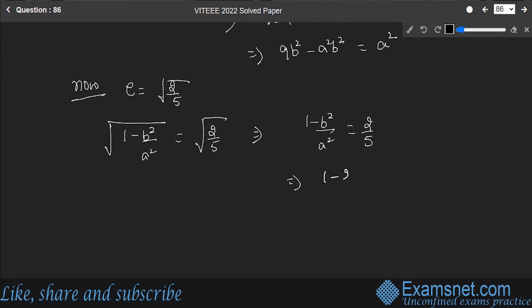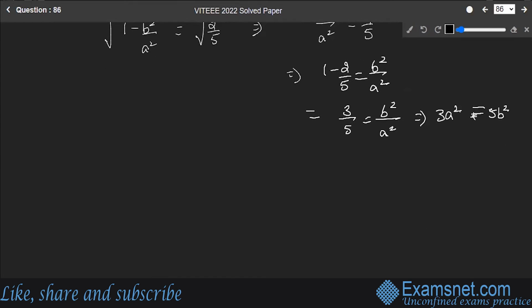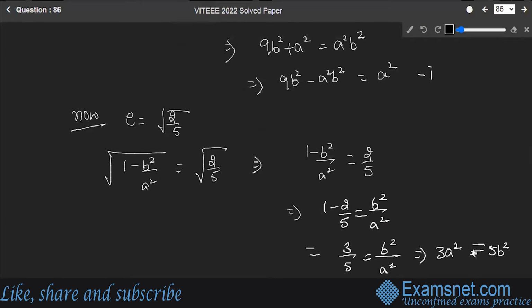Okay, 1 minus 2 by 5 is equal to b square upon a square, or this gives me 3 by 5 equals b square upon a square, or 3a square equals 5b square. Let's say this is equation 2 and this is equation 1.